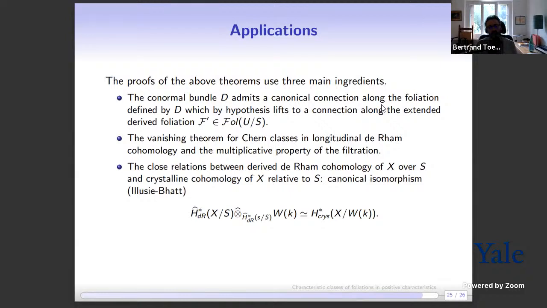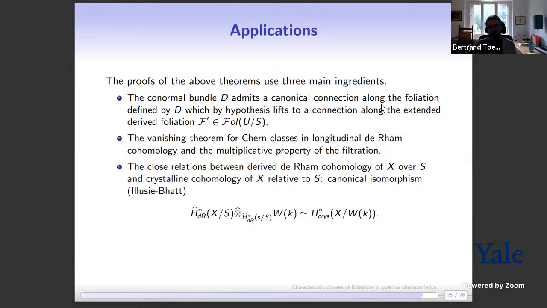But there is a way to exchange from crystalline cohomology to derived de Rham cohomology and back by some simple formulas. So this vanishing theorem, the second statement, the vanishing theorem for Chern classes, happens in derived de Rham cohomology, but using this result, you can get the vanishing in crystalline cohomology.